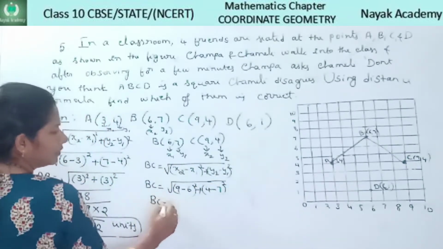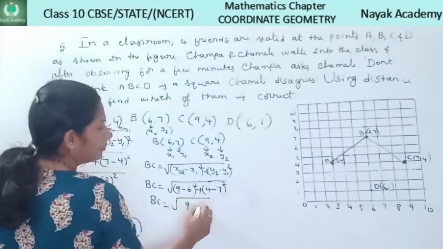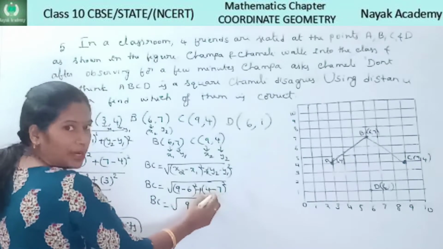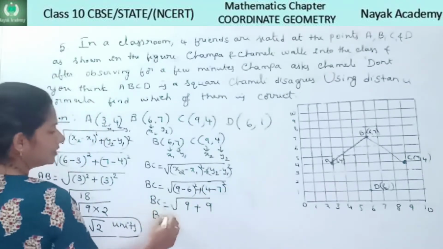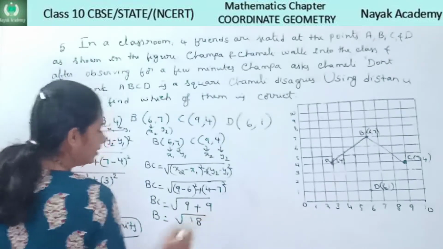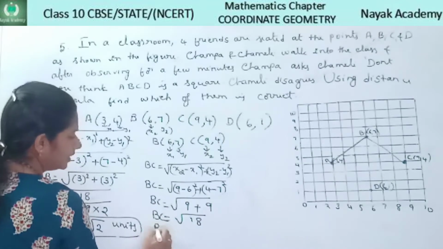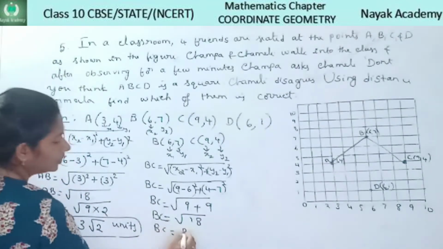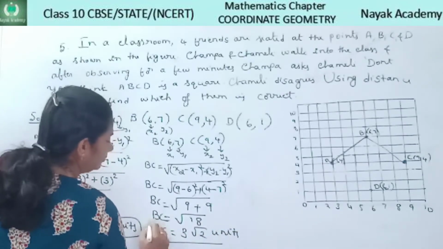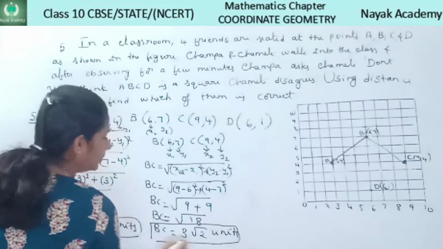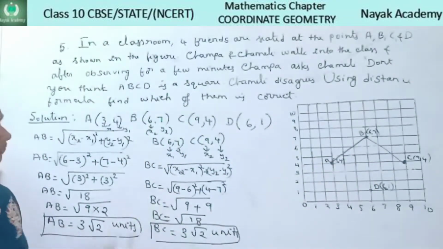So BC is equal to 9 minus 6, 3 square, it is 9, plus 4 minus 7, minus 3 whole square is plus 9. So BC is equal to root 18. Simplest form of root 18 is BC is equal to 3 root 2 units. Distance between the points B and C also we got 3 root 2 units.